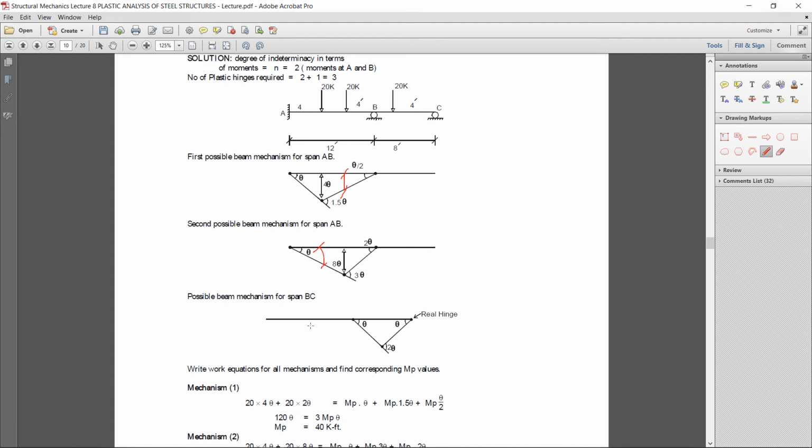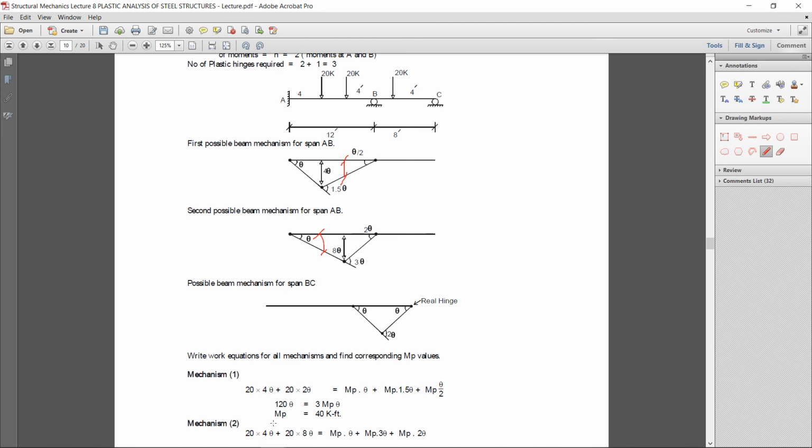So first of all, in the second mechanism, external load: due to this load at this point the deformation is 4 theta, so 20 into 4 theta. The second load, 20 into 8 theta. On the internal hinges, here is theta, and on the other side you can get it easily by similar triangle, or just dividing length 8 theta by 4, that will be 2 theta, and the total internal deformation at the center will be 3 theta.